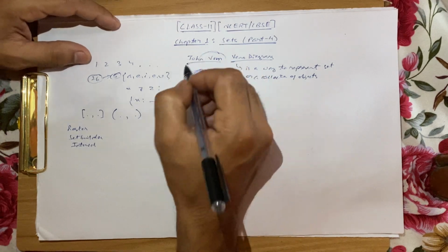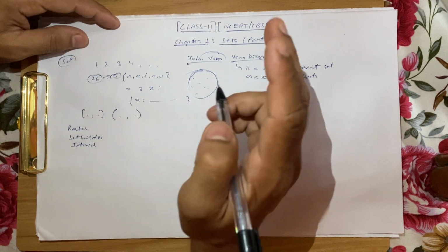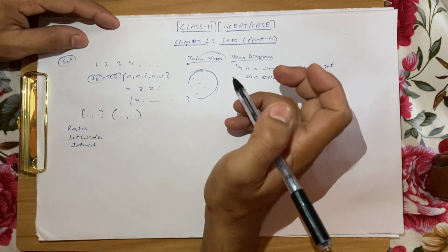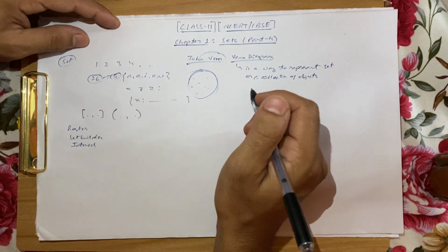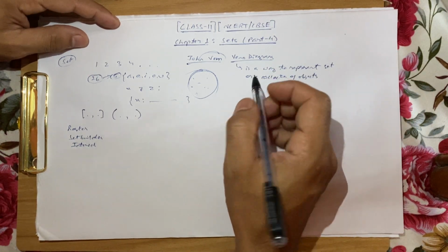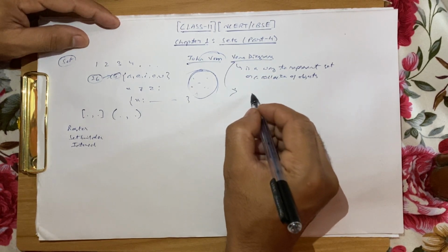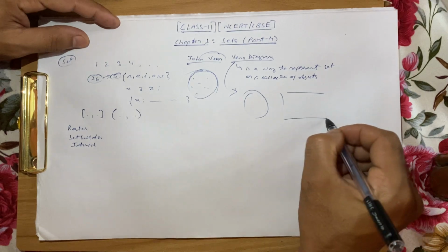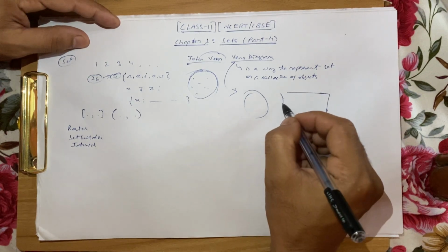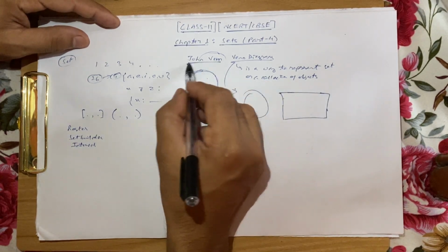Now this person John Venn said that there are just 2 diagrams that can be used. One is a circle and the other one is a rectangle. So in order to represent a set using Venn diagrams, a circle can be used or a rectangle can be used. This is what was told by John Venn.